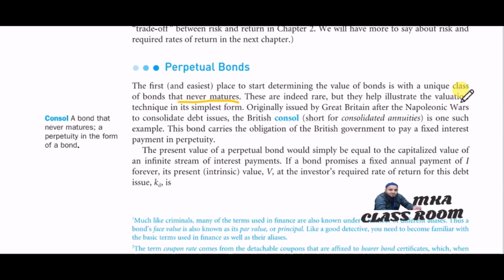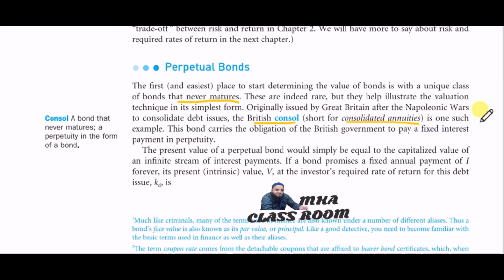Originally issued by Great Britain after the Napoleonic Wars to consolidate debt issues, the British Consol is one such example. The British Consol, short for consolidated annuities, or you can call it the Consol bond. This bond carries the obligation of the British government to pay a fixed interest payment in perpetuity.